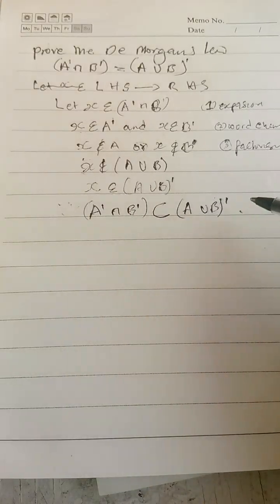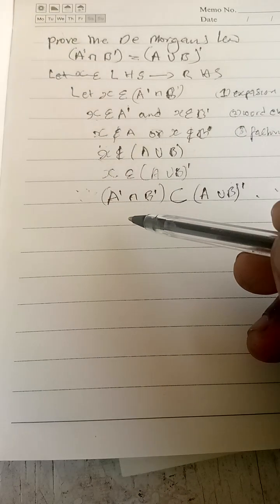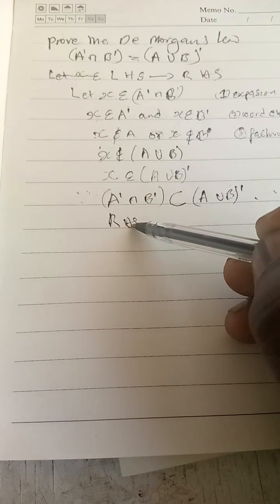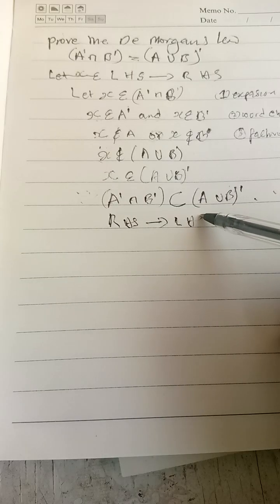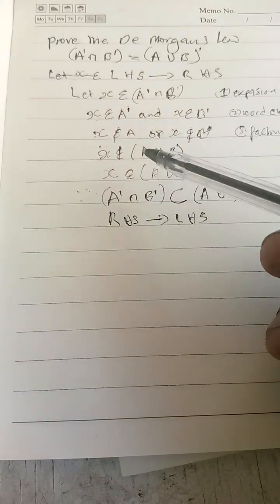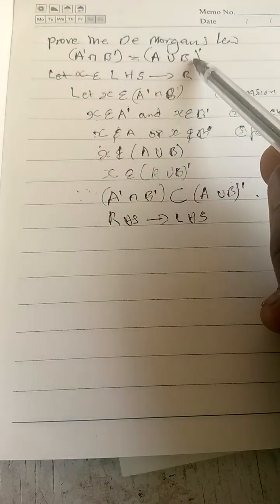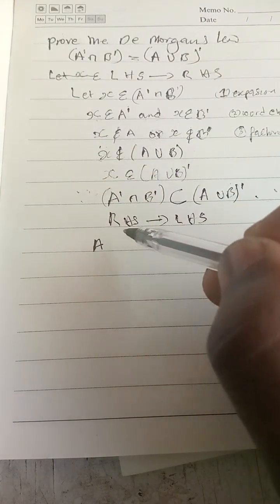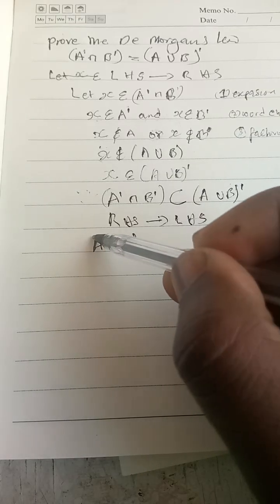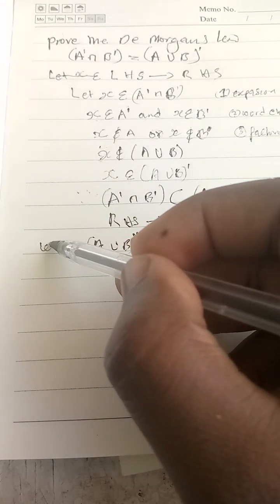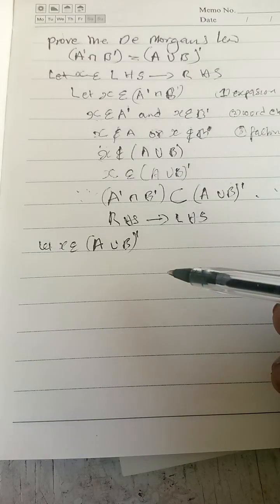Okay. Then after doing this, we also do it for the right-hand side going to the left-hand side. So we do the same thing. We take this, which is our right-hand side, A union B complement. So we say let x be a member of this.